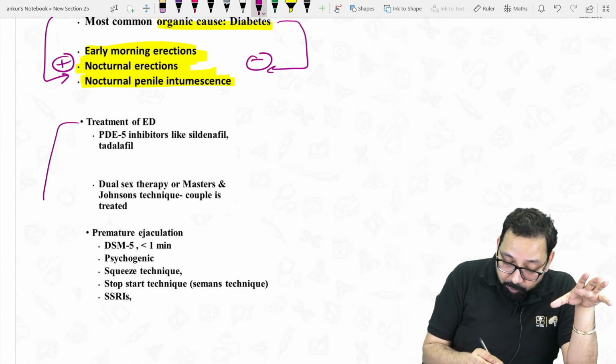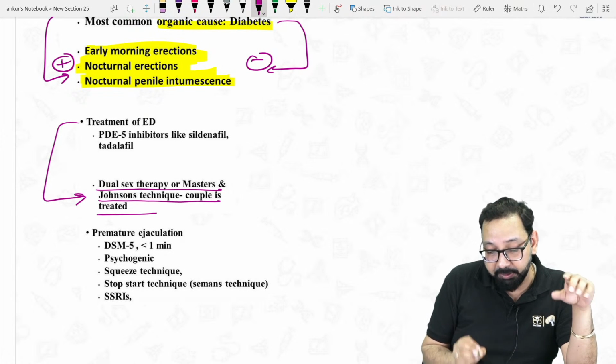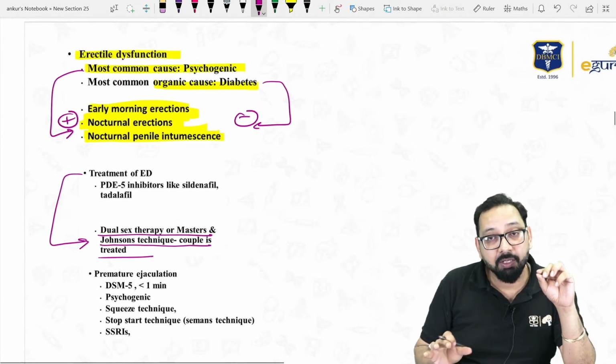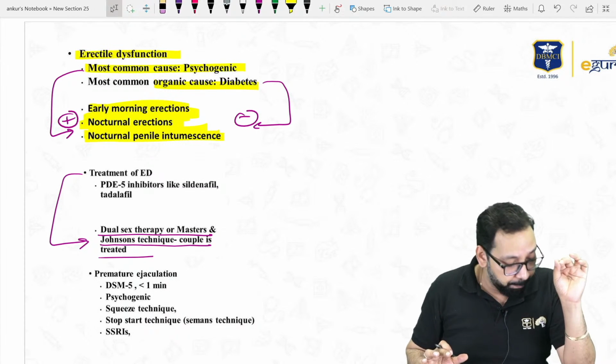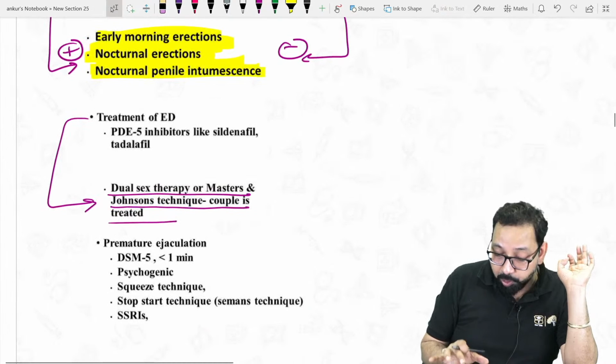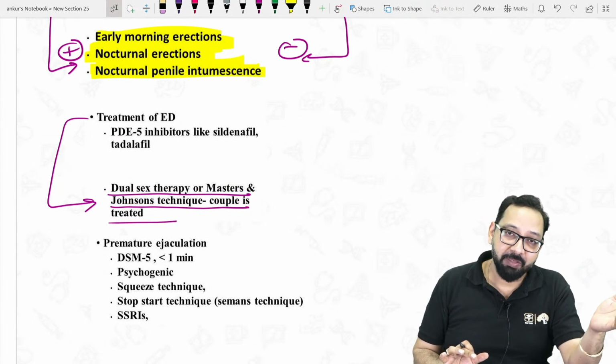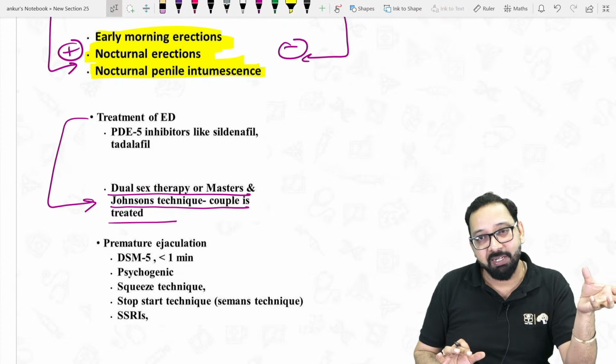Treatment: dual sex therapy, Master and Johnson technique, the couple is treated. Sexual disorders are considered the disorder of a couple, not a single person. So couples are treated. But in India, you will find that commonly a single male person would come having erectile dysfunction.